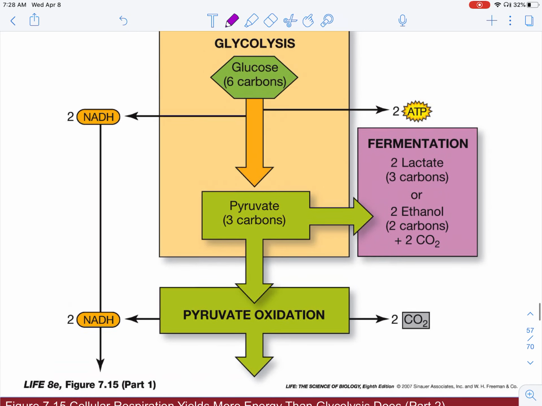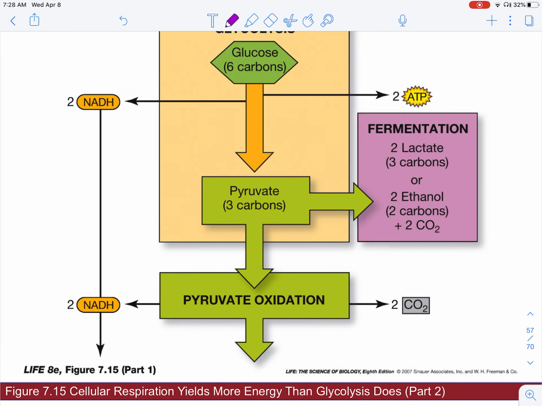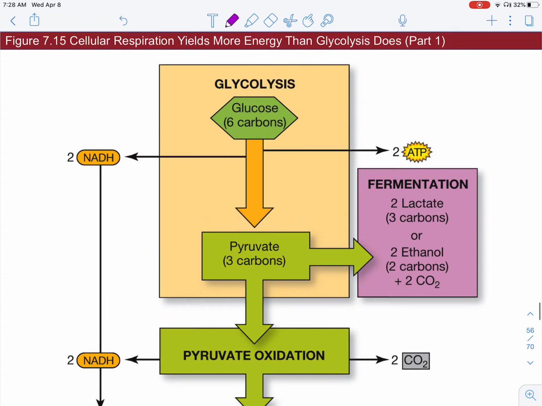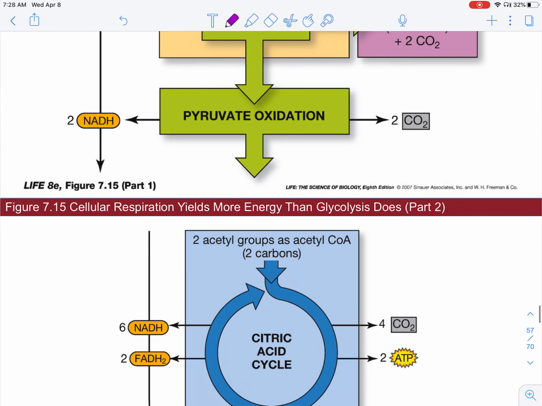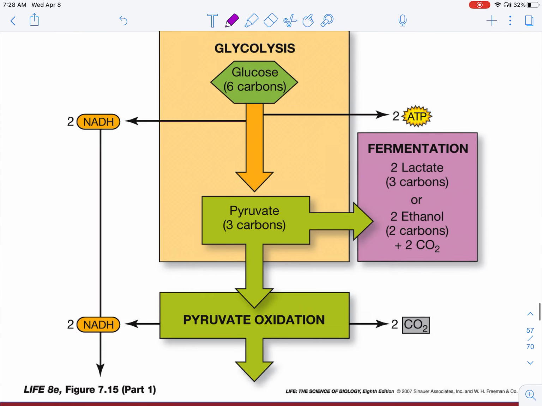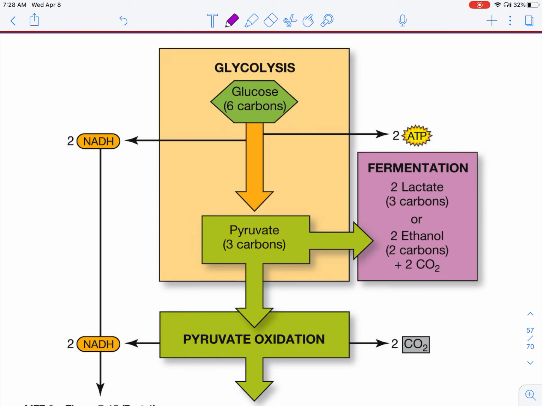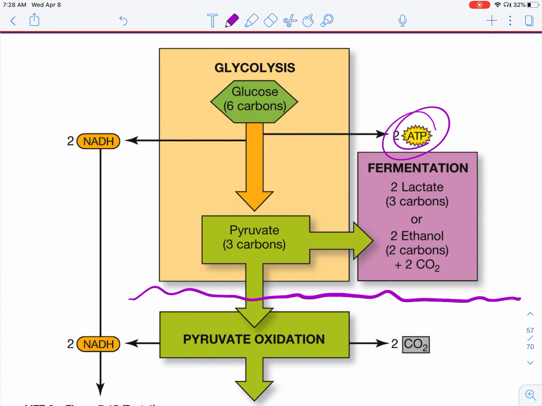So here's kind of the bean counting here. I'll say this process stops without oxygen here at glycolysis. You get some ATP out, right? Just 2, not the 32 that you get before. And this pyruvate has to be processed.